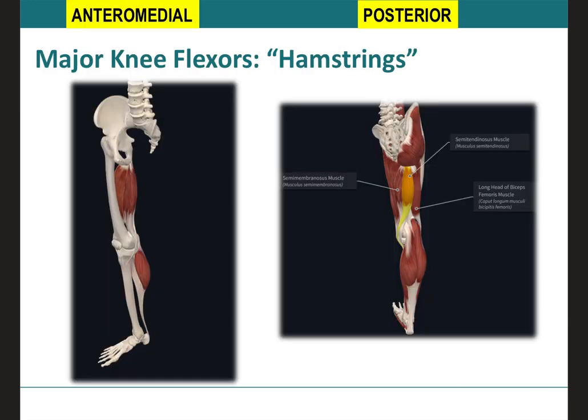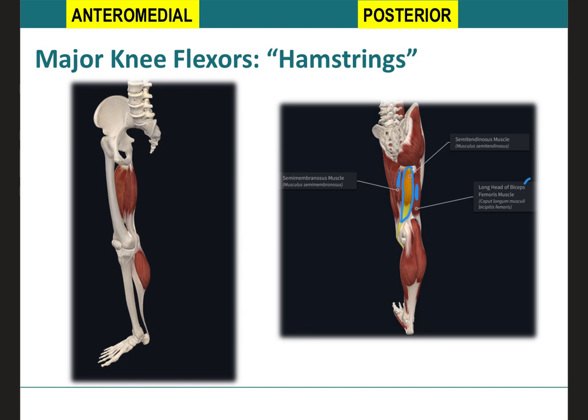So again, in a little bit more detail, the one that's highlighted over here is the semitendinosus. Underneath is the semimembranosus on the medial side. And on the lateral side, more superficial, is the long head of the biceps femoris, and underneath it will be the short head of the biceps femoris.